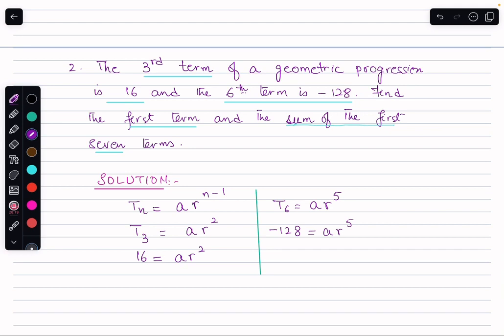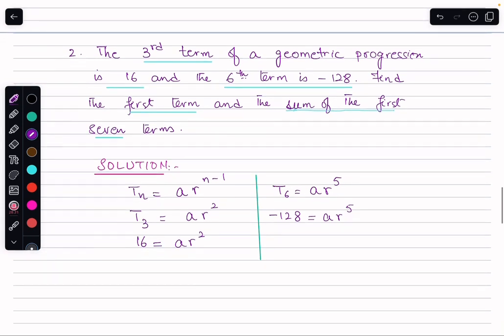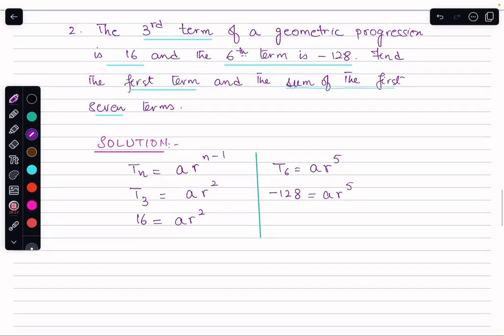Now we are supposed to find the first term and the sum of the first 7 terms. So going back to the first equation that I have, 16 is equal to a r squared. From here I can say a is equal to 16 over r squared. And from the second equation, negative 128 is equal to a r to the power 5.